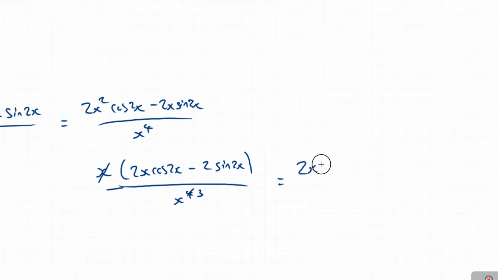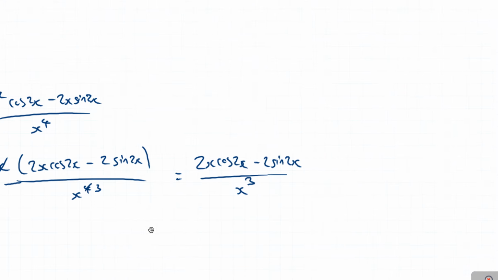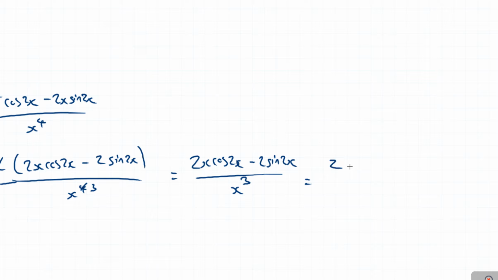So we end up with (2x cos 2x minus 2 sine 2x) over x cubed. And again, you could also take out a factor of 2 here, so it's 2(x cos 2x minus sine 2x) over x cubed, but that's not necessary. And that gives you your final answer for question number 1.